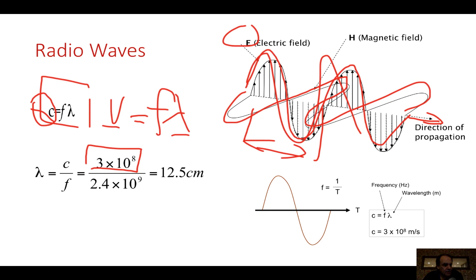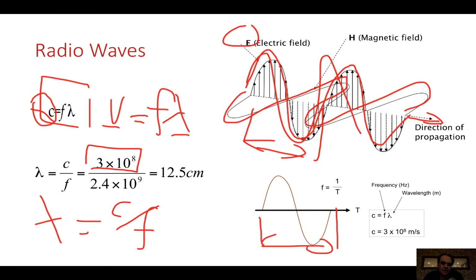If we want to calculate lambda, we take this formula, and if it's traveling through free space, then lambda is c over f. That provides us with the physical length of the actual wave, and that's known as lambda.